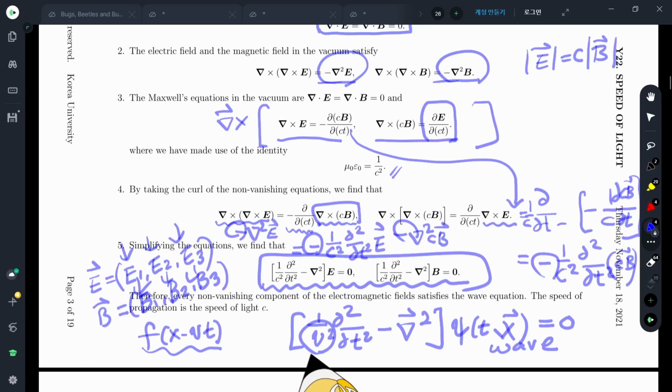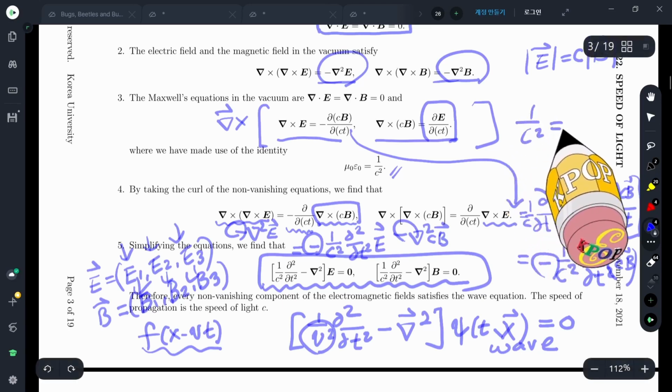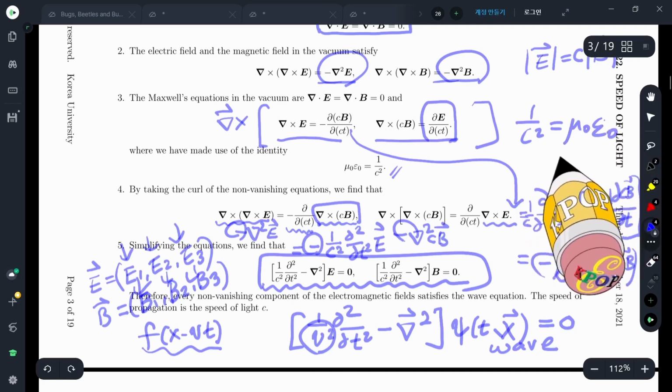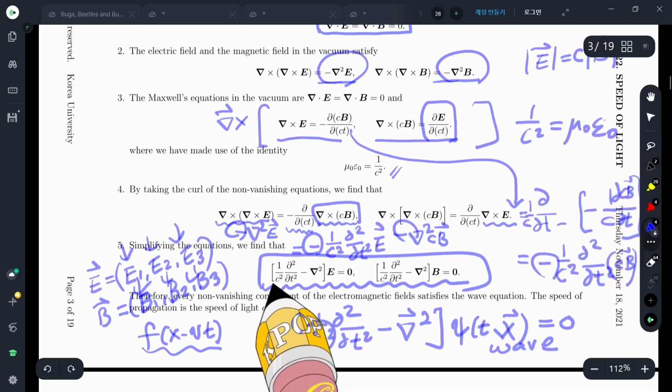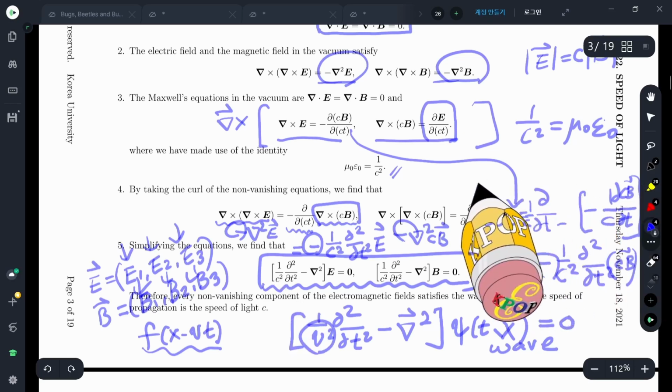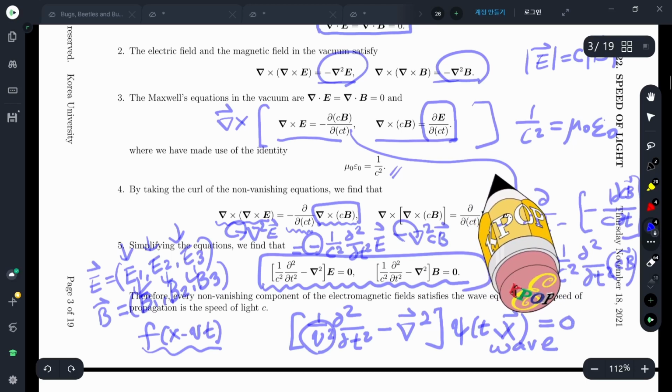Hence, 1 over c squared is mu 0 epsilon 0. Therefore, c is the speed of light. So Maxwell's equations say that every component of the electric field and every component of the magnetic field is propagating with the speed of light.